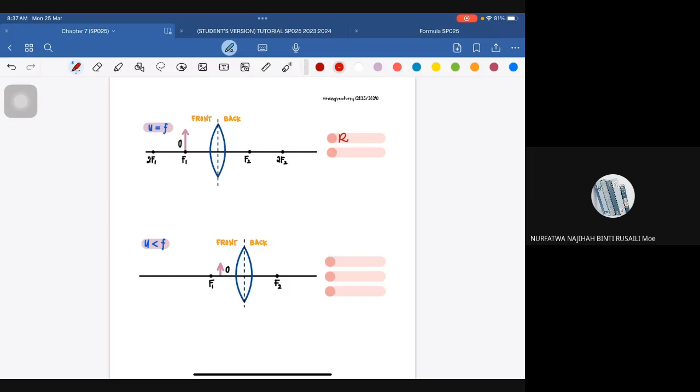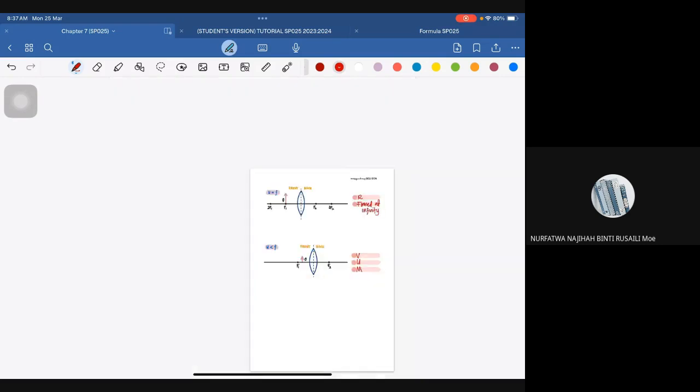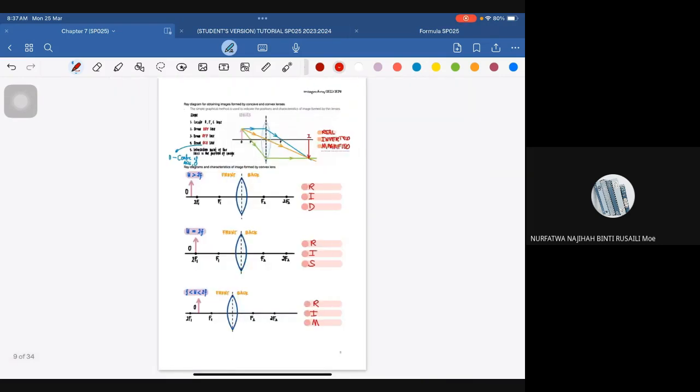This one is real. This one I'm just going to write for you. Formed at infinity. And then lastly, you have VUM. Make sure to try and do the ray diagrams. Are you okay, everyone? Were you able to write the front part of the characteristics?